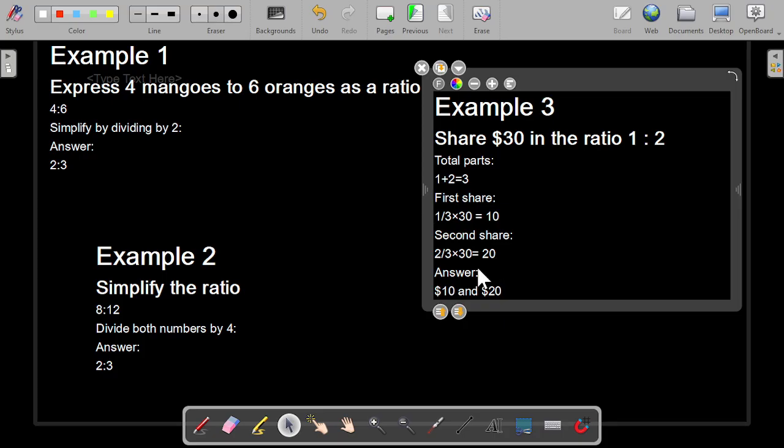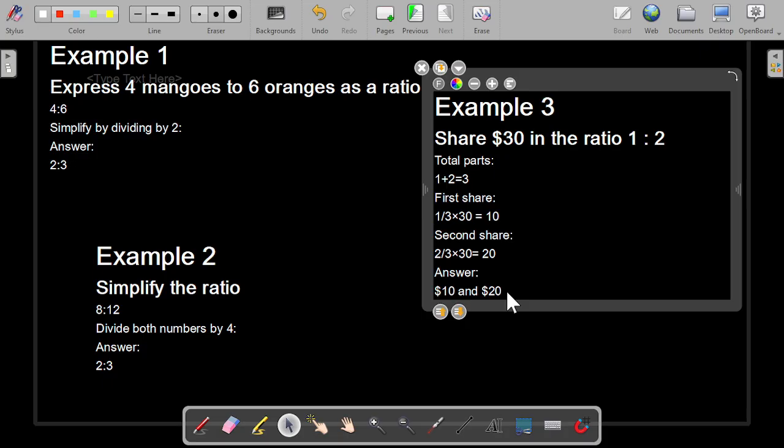So therefore, the answer is $10 and $20, because we are on money. So you can see that it is as simple as this. When somebody gives you $30 to share in the ratio of 1 to 2, definitely you are going to have $10 and $20.